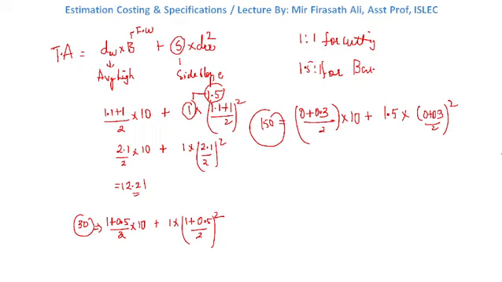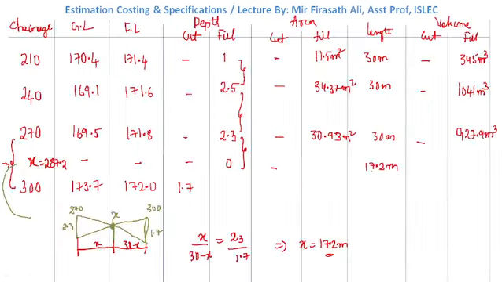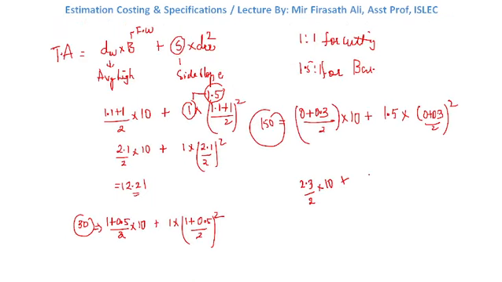On substituting this value, let us substitute 2.3 by 2 into 10 plus, since it comes under filling, 1.5 into 2.3 by 2 whole square. On solving this we will get the area around 13.48.